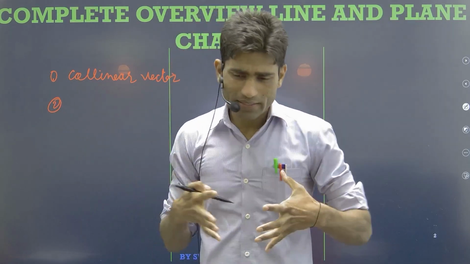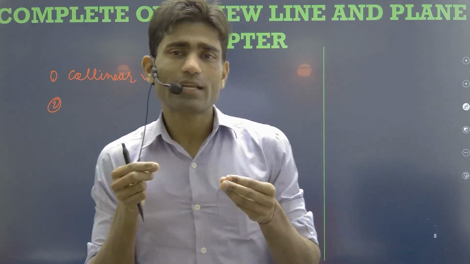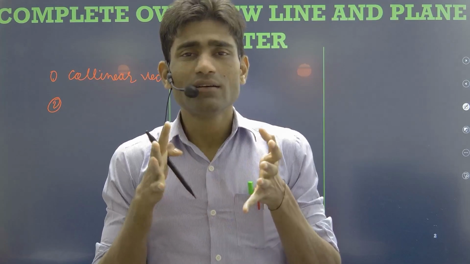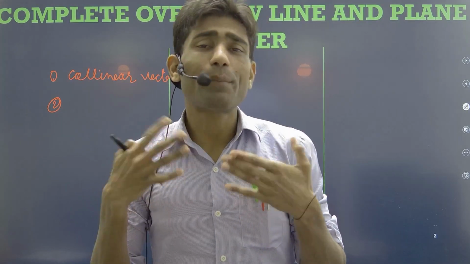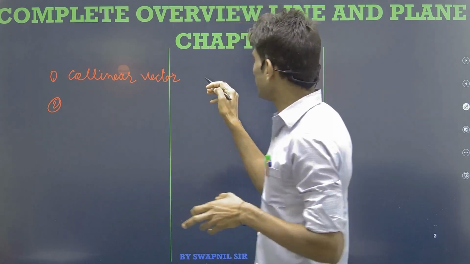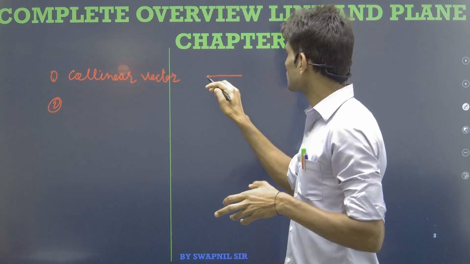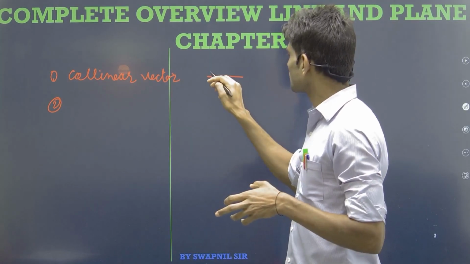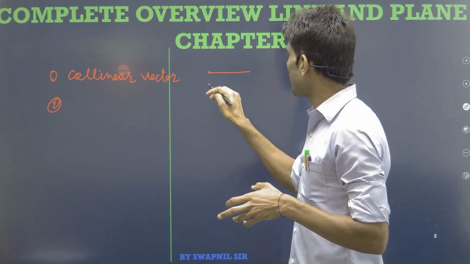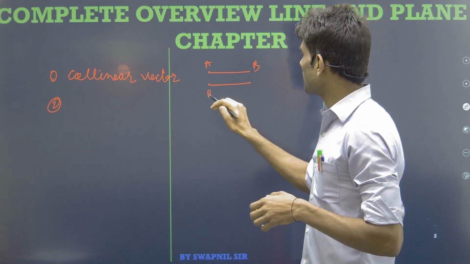What is meant by a collinear vector? The vector or the line segment which lies along a line or a parallel line under the same plane. Consider this line segment AB and the line segment BC.